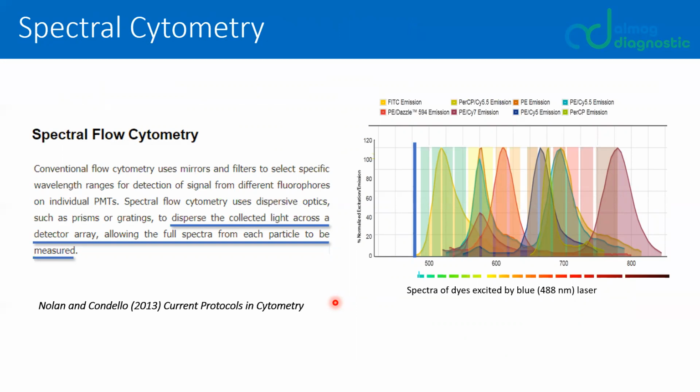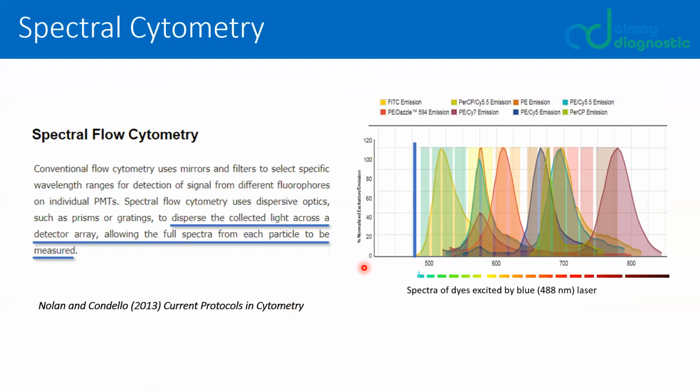So, now let's start talking about spectral flow cytometry. The idea of it was first introduced to the flow community in this article in 2013, and this article discusses the way that light is being collected across a detector array and not just through one detector.